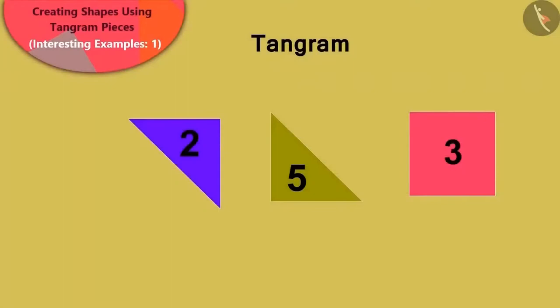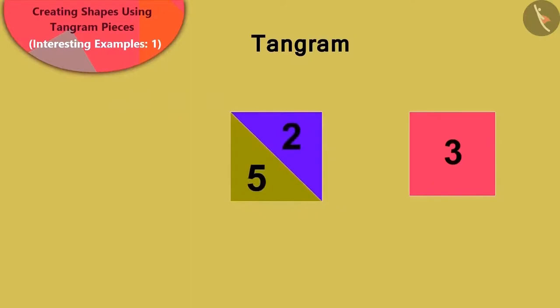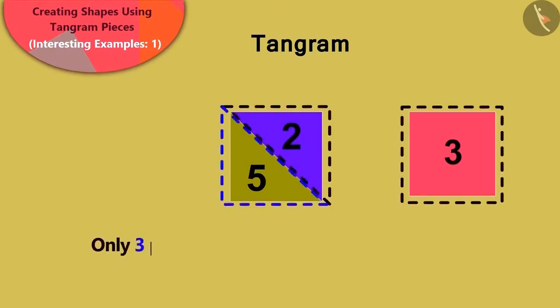Well done, children. Your answer is absolutely correct. The piece number 3 is a square, and we can join pieces number 2 and 5 this way and make a square. Well done, children.